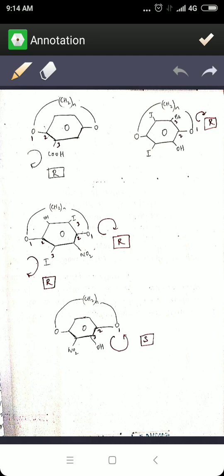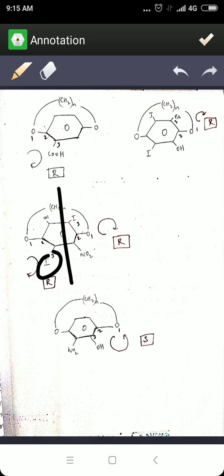Now let us take one more example. Here you have a hydroxyl group on one end and a nitro group on the other end, whereas there are 2 iodines in the opposite directions. Now let us start numbering. When you look at one end, you know that iodine is going to get the highest priority compared to the hydroxyl.